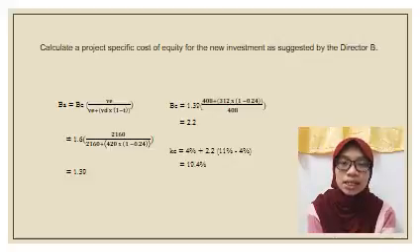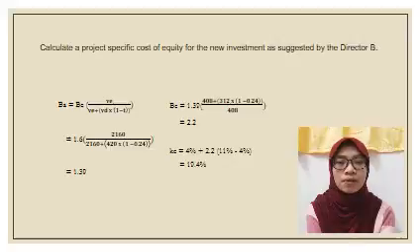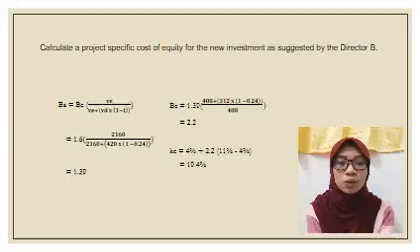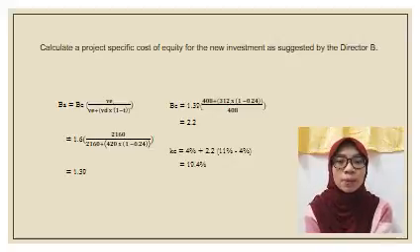The formula is equity beta times market value of equity over market value of equity plus market value of debt times 1 minus tax. It means 1.6 times 2160 over 2160 plus 420 times 1 minus 0.24. So, we will get 1.39.